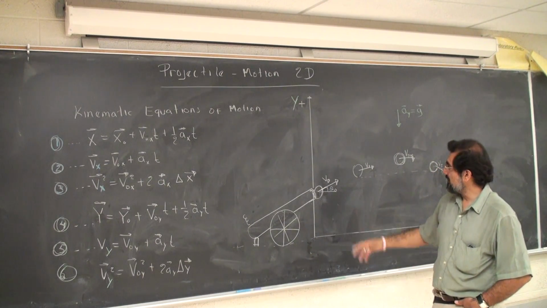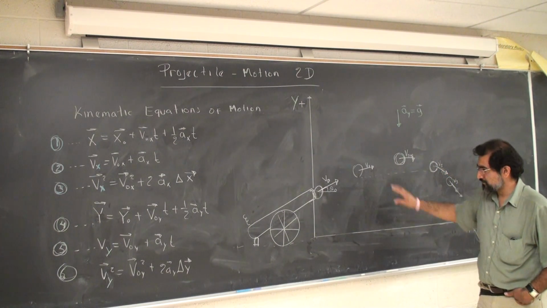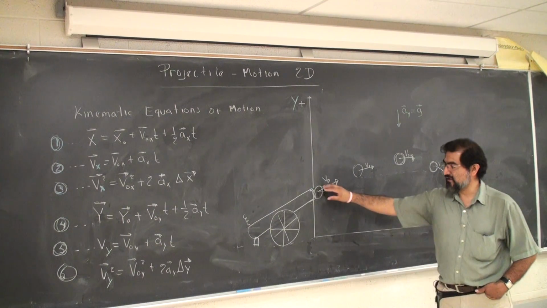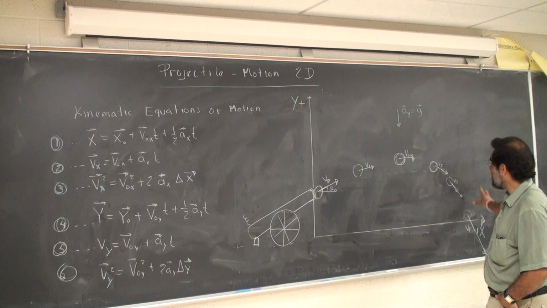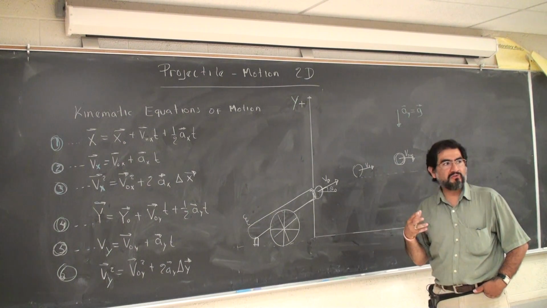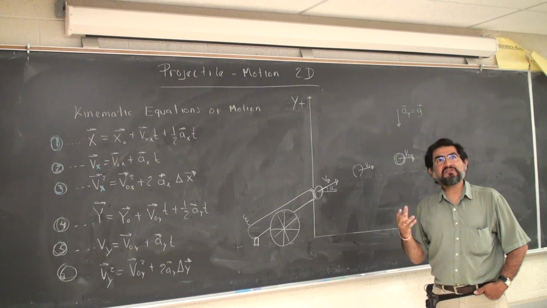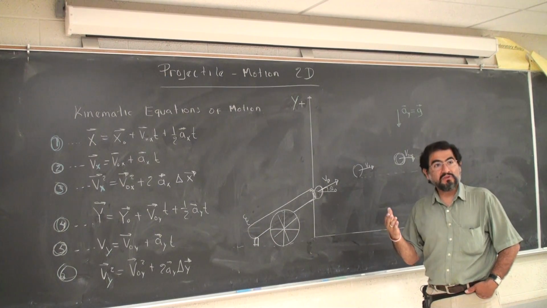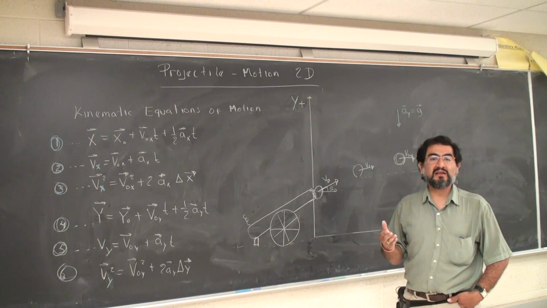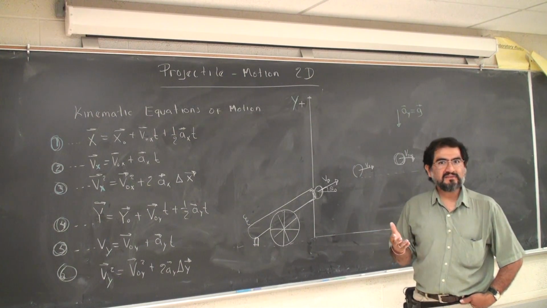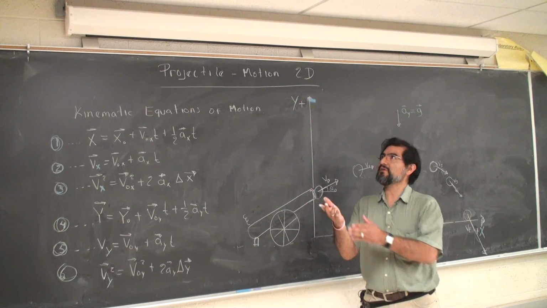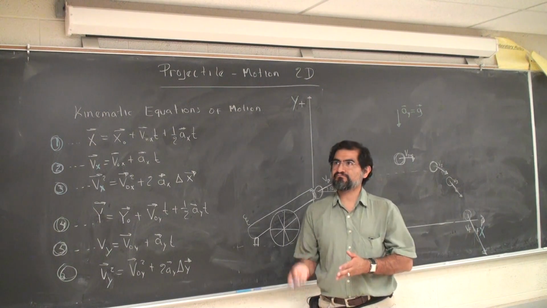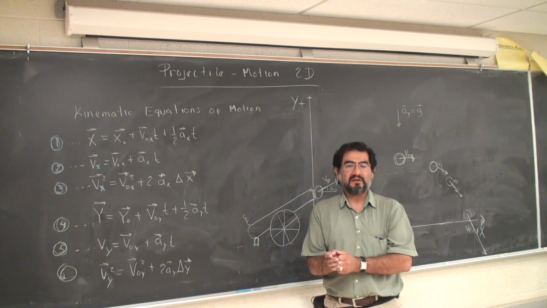As you can see, for projectile motion, we are going to have one cannonball moving, and its velocity is going to be changing constantly. Any change in velocity is defined as acceleration. So what is going to make this ball change its initial velocity?